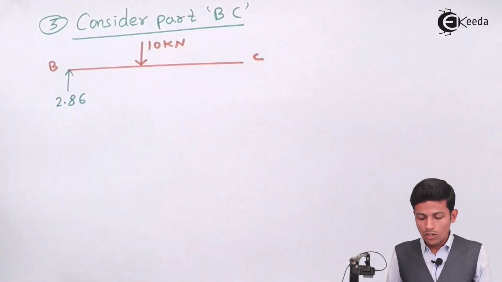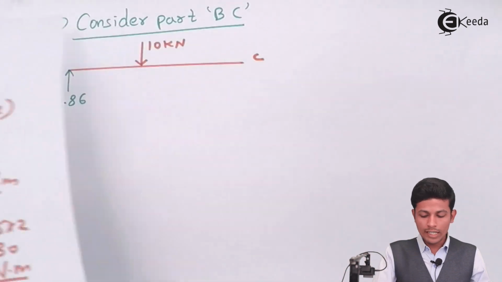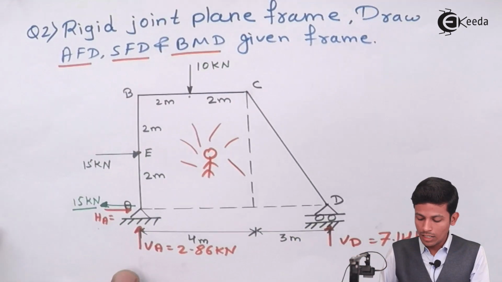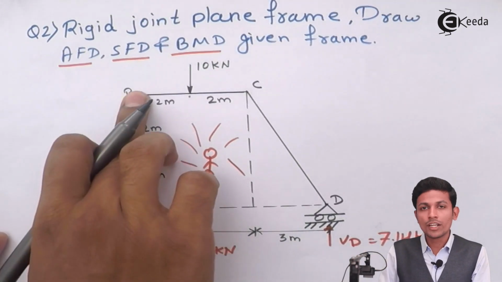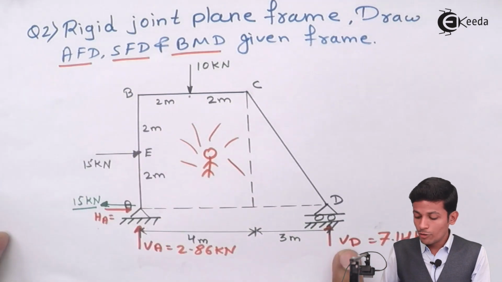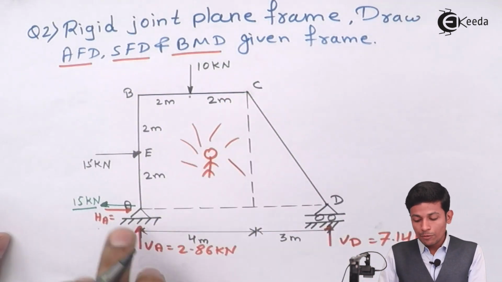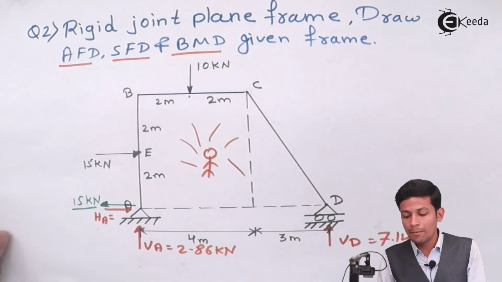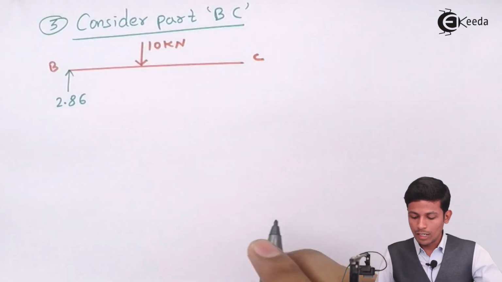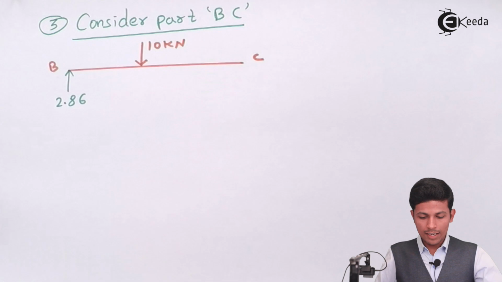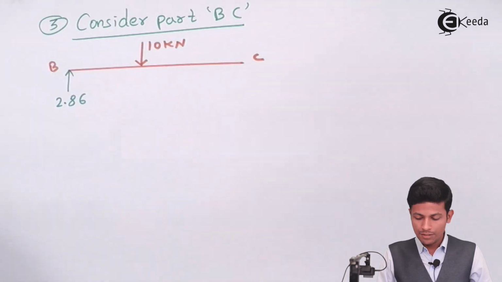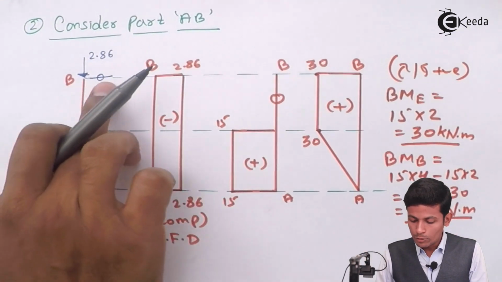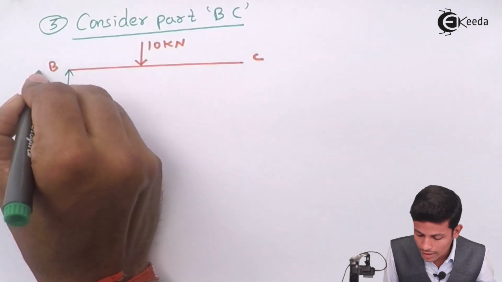Or you can directly balance with the original diagram. See, this is your 2.86, directly transferred over here. But at C you cannot transfer it over here, so while seeing B you have to balance the C part, neglecting this part. Here there is no value, so this is 0, so here also we get 0.